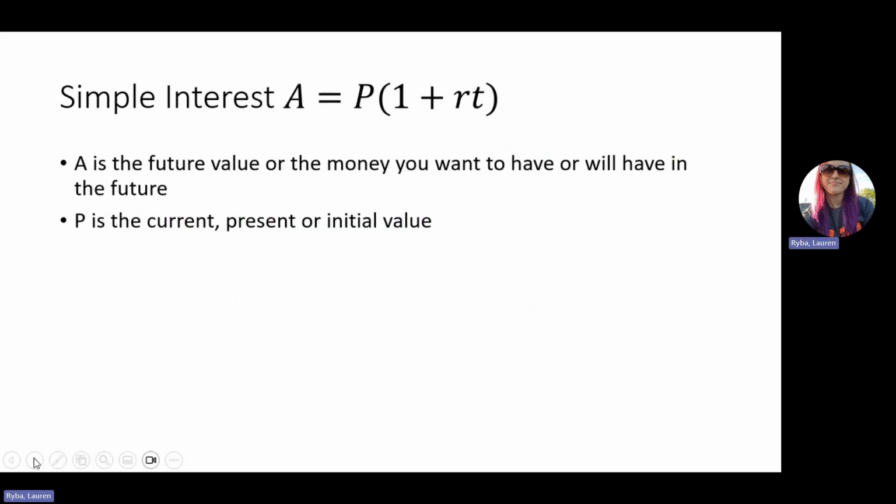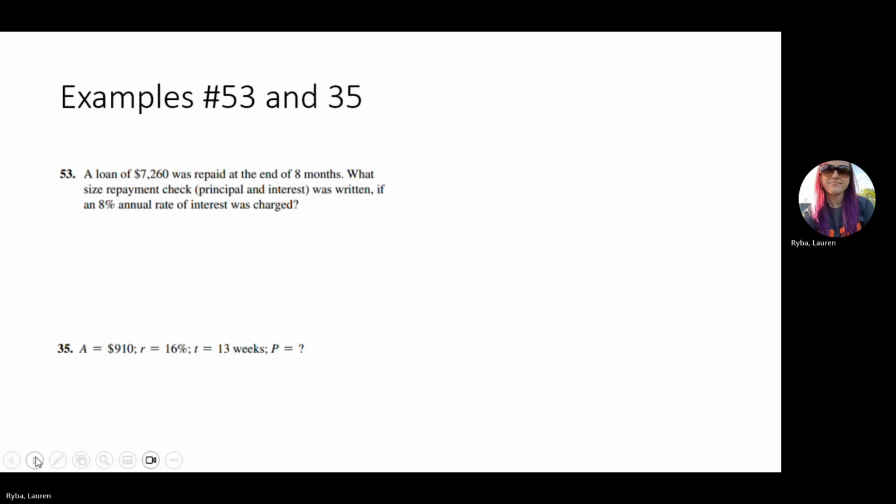So this third problem we did asked us for the total repayment, and we calculated the interest first and then added it back to the principal. I could have done that problem with just this formula instead. So 53, this problem we actually already did, right? A loan of $7,260 was repaid at the end of 8 months. What size repayment check, principal and interest, was written if an 8% rate was charged?